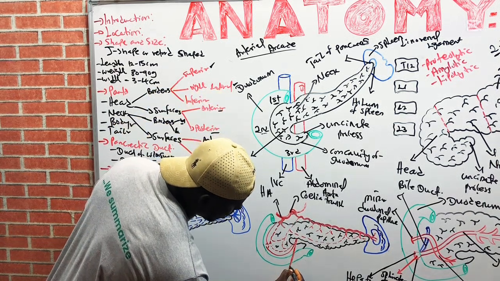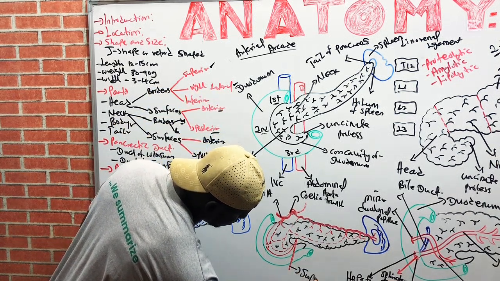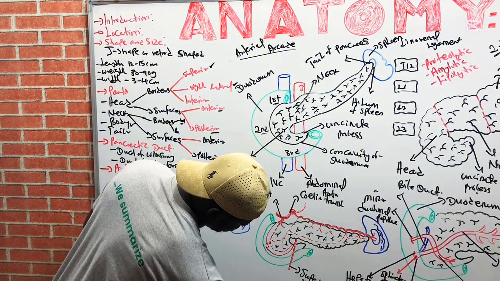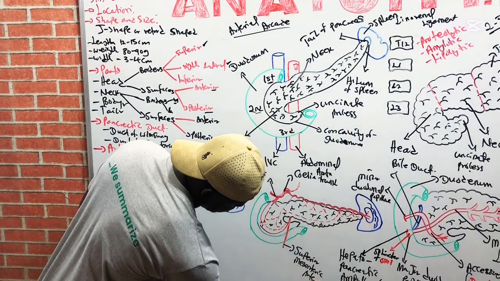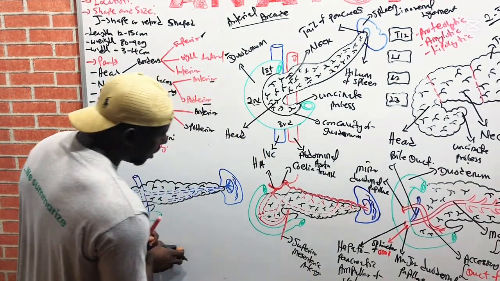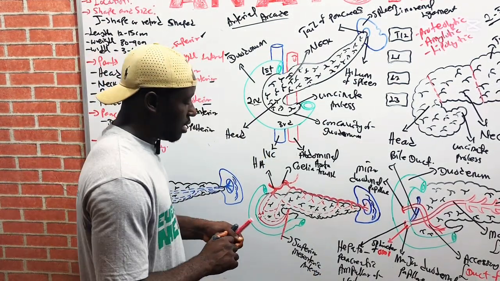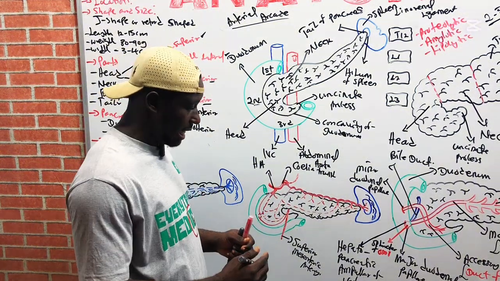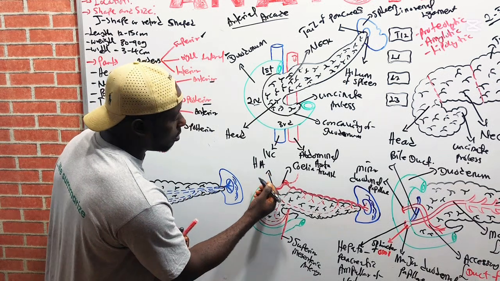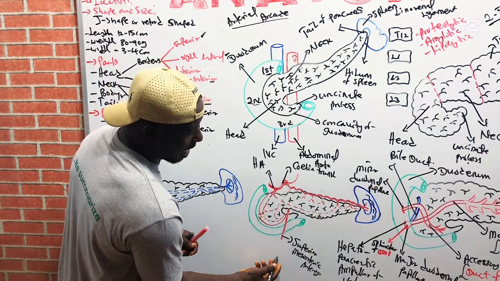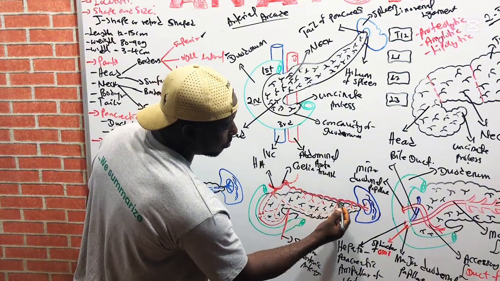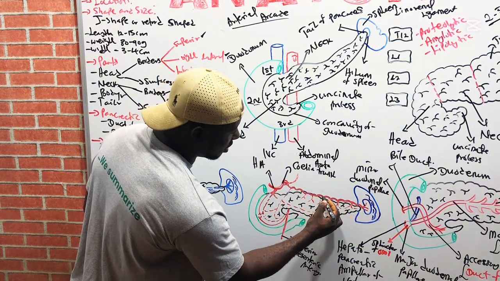Now this is the superior mesenteric artery. That is why the major arterial sources that supply the pancreas are the branches coming from the hepatic artery and the superior mesenteric artery, and also the branches from the splenic artery, because this is the splenic artery.